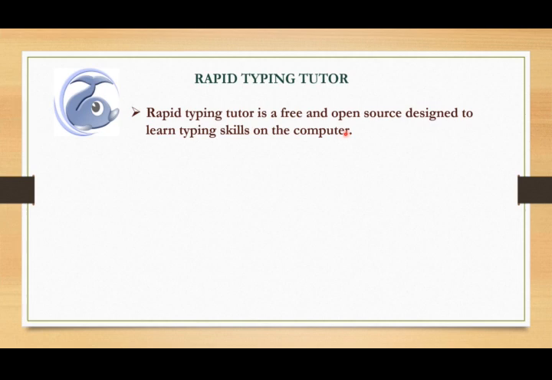You don't have to pay anything for it. And second, it is open source software, which means that we don't need any license to download it. It also helps to improve typing speed and accuracy.